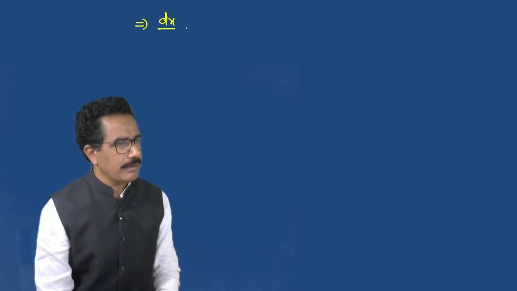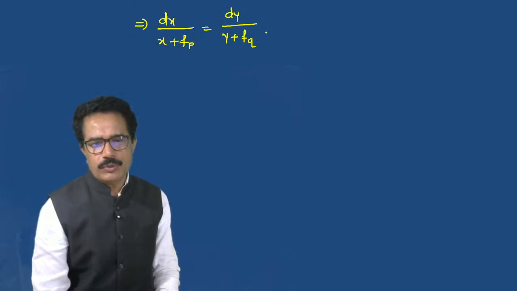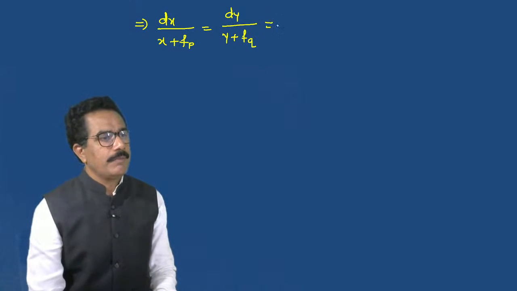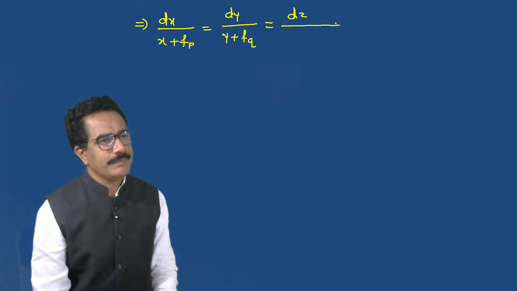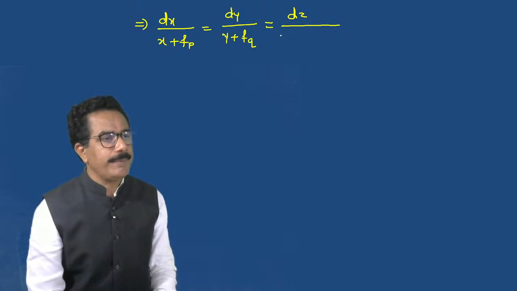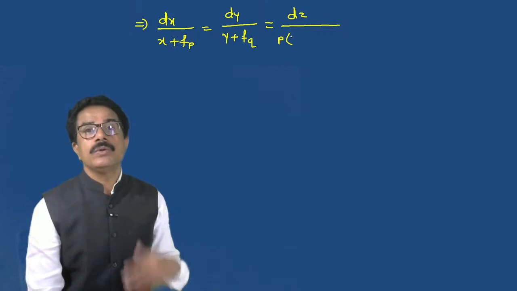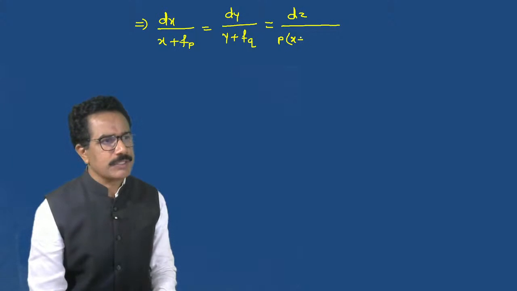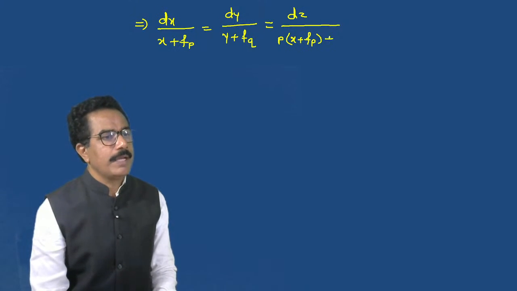So we will get, this implies that dx divided by x plus fp, dy divided by y plus fq, is it right, students? dz divided by p into fp, p into fp means x plus fp, plus q into fq, y plus fq.